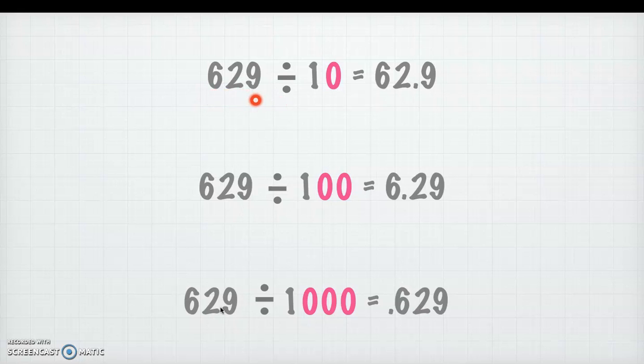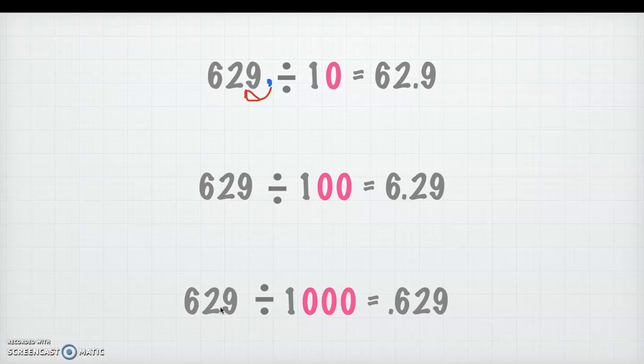Where is my decimal point? There is always an imaginary decimal point at the end of the whole number. So there's going to be an imaginary decimal point right there. Now let's move our imaginary decimal point one time to the left. And my final answer is going to be 62.9.